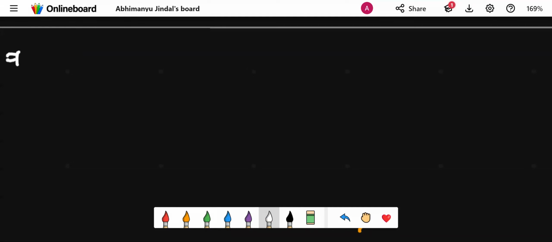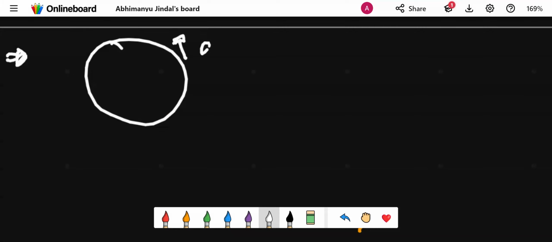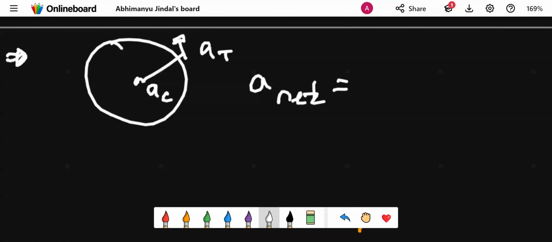Now let's understand the net acceleration. So this is circular motion. This is tangential acceleration and this is centripetal acceleration. Because tangential acceleration is perpendicular to the radius, tangential and centripetal are perpendicular to each other.